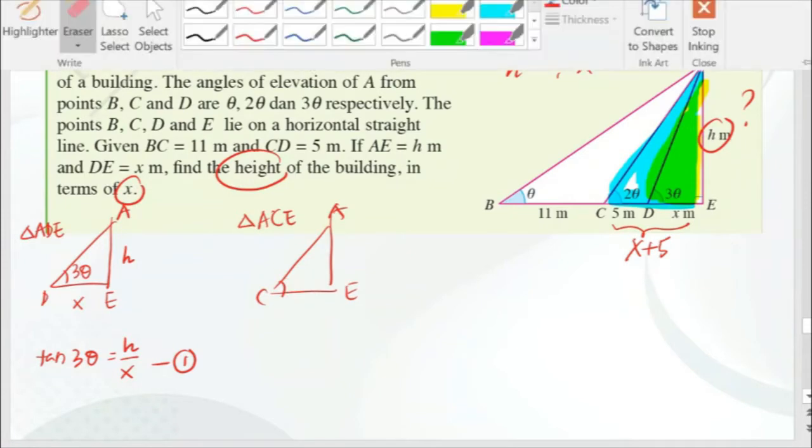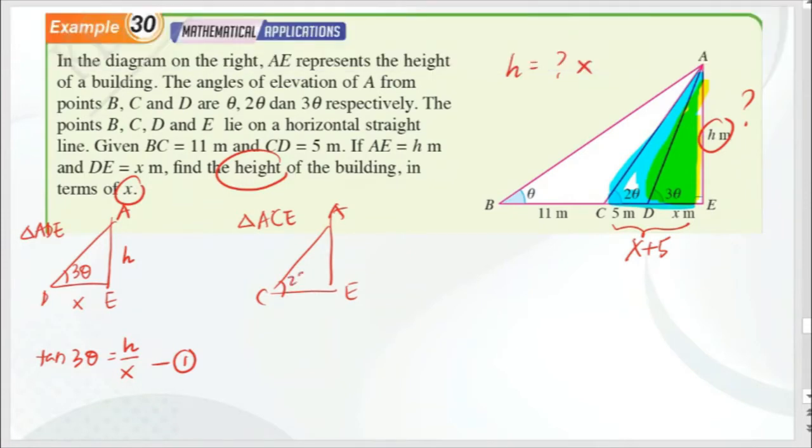So tangent 2 theta equals h over x plus 5. Okay, second equation.